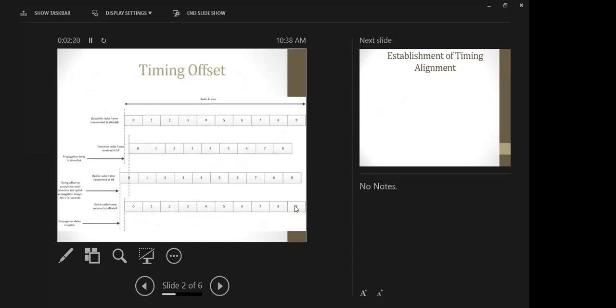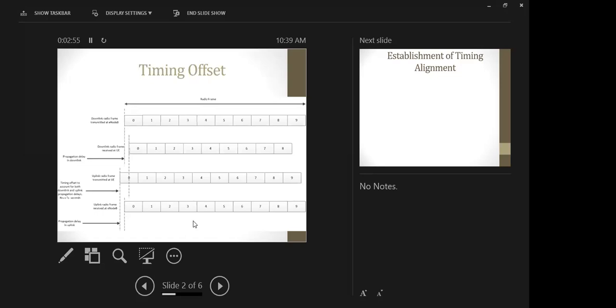Well, I'm sorry, but you probably cannot read these things from there. I copied it from my book. I'll tell you what is written over there. But is it possible for you to read what I have around the figure? You can see a slide, right? Timing offset. So if you could zoom it in more, sir.